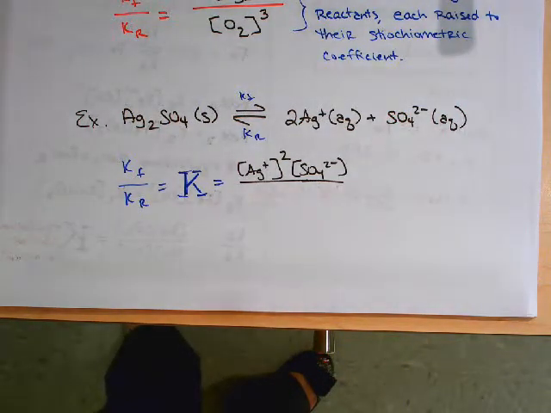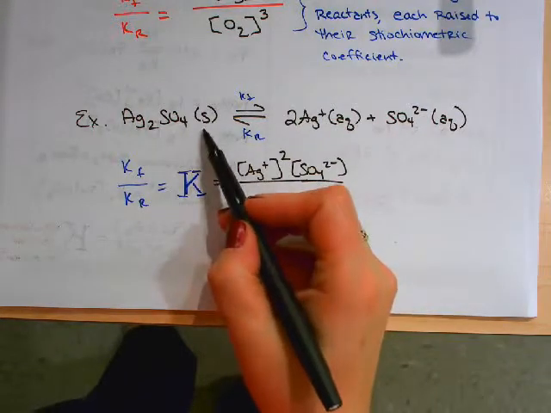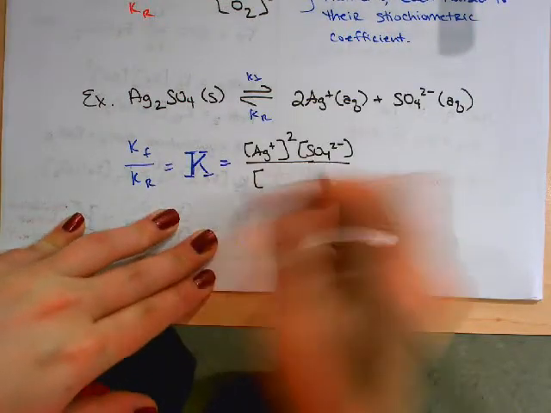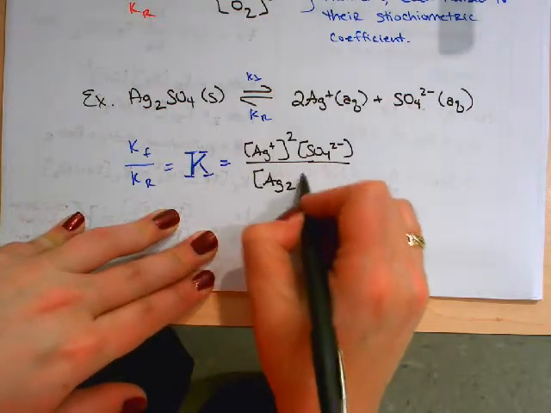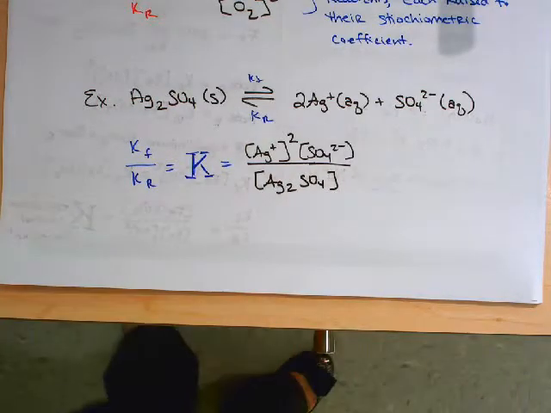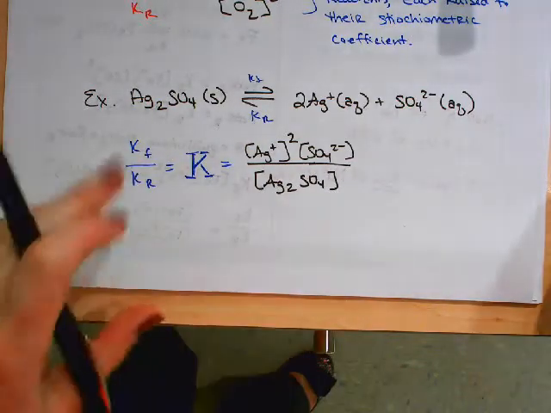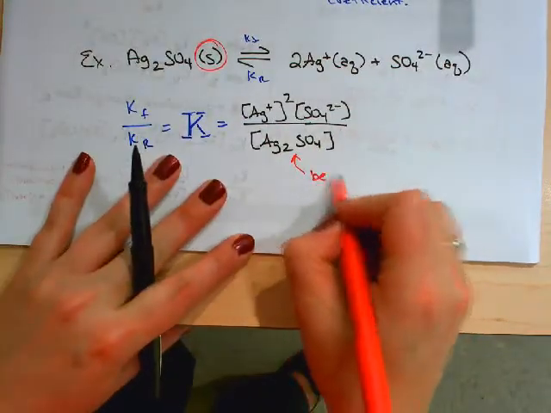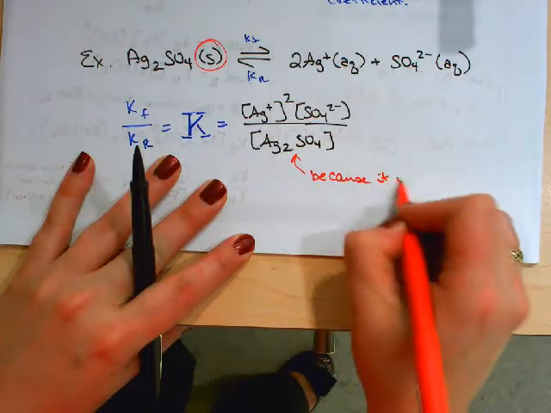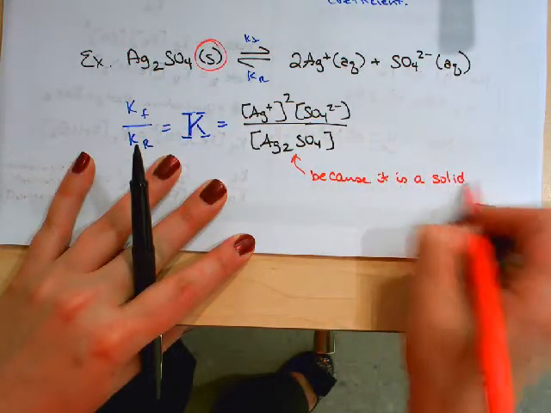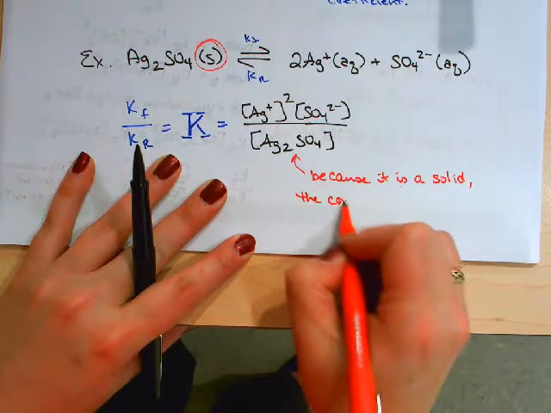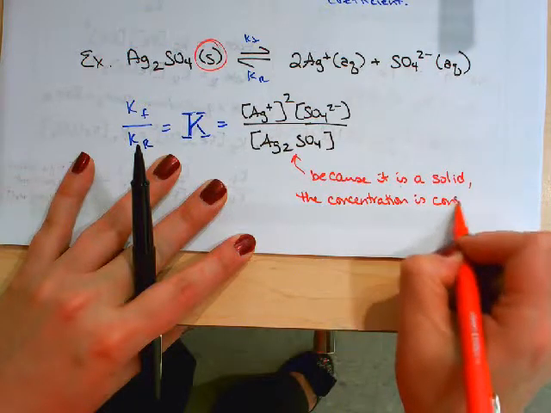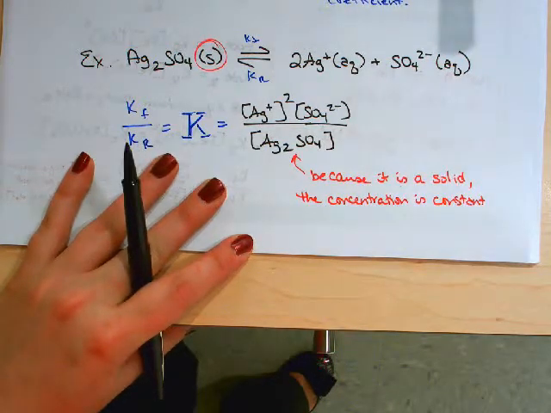Right, so this is why it's a tricky one. It's solid. So what I'm going to say is I'll write it down and I'll get rid of it. Because it's a solid, the concentration is a constant.